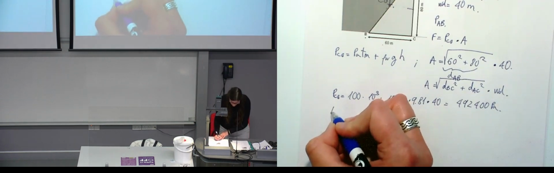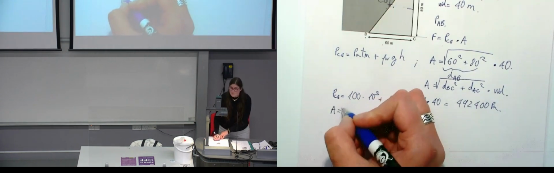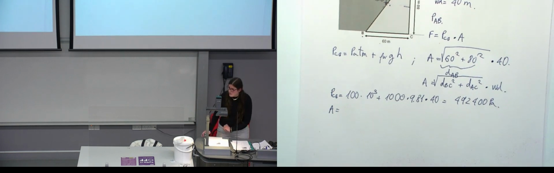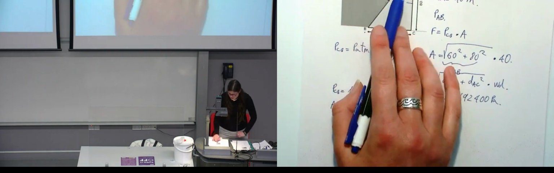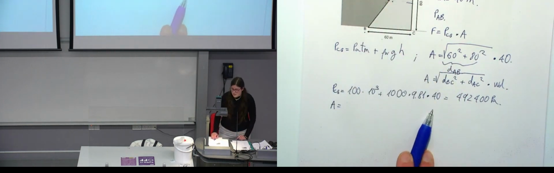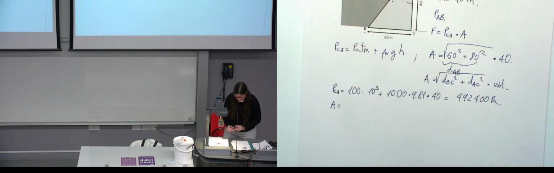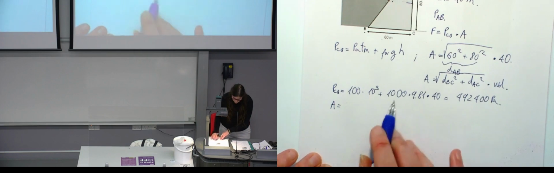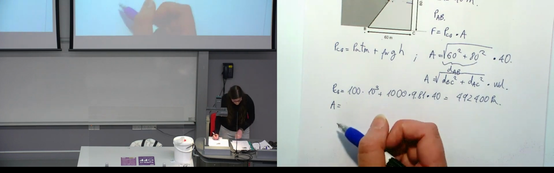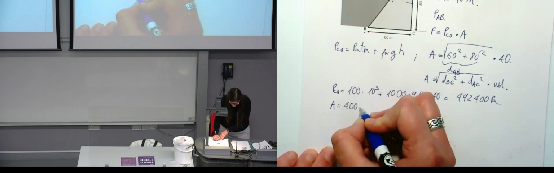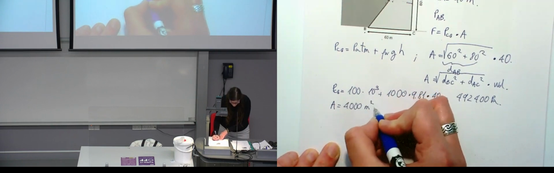And then the area. No, the h is 40 because it's 80 divided by 2. So then the area is 4,000 meters squared.